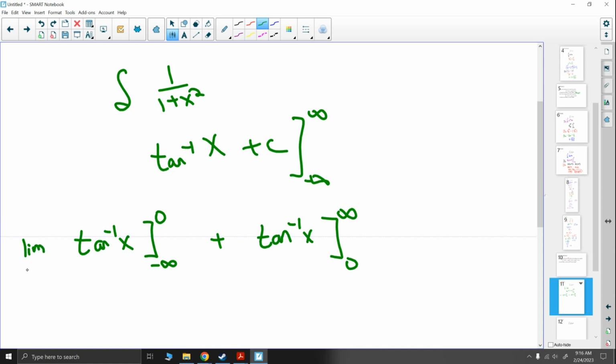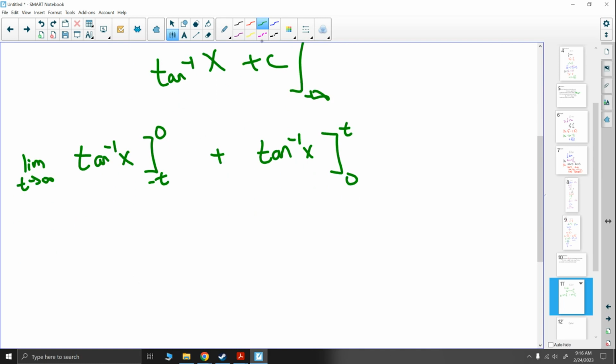And this is all the limit as, well, I guess we can replace these infinities with t's so that we can officially do the limit, t to infinity. At a certain point, we recognize that just writing it as the infinities is fine too, since we're going to plug them in eventually anyway.